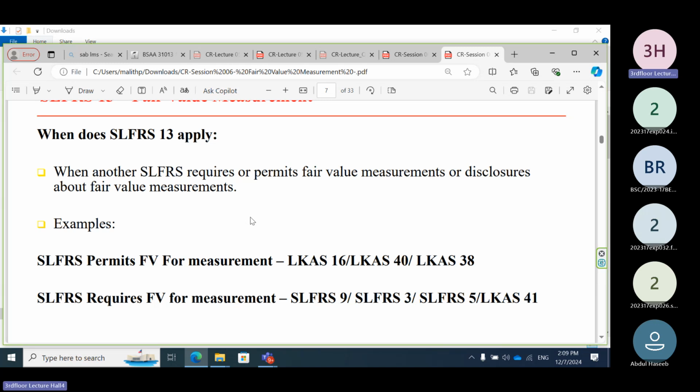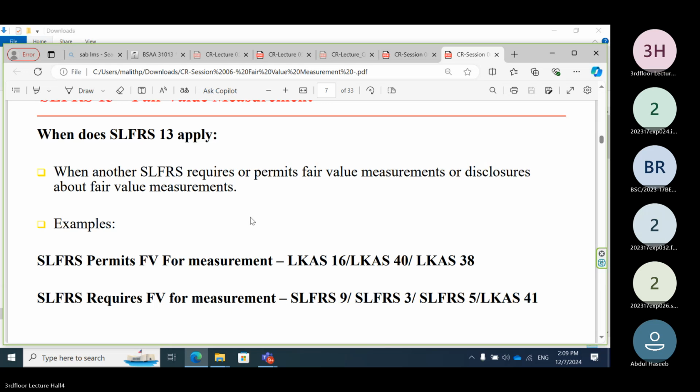Then we have two fair values here. One is fair value where whatever the gain or loss, you need to record in the P&L. Fair value.